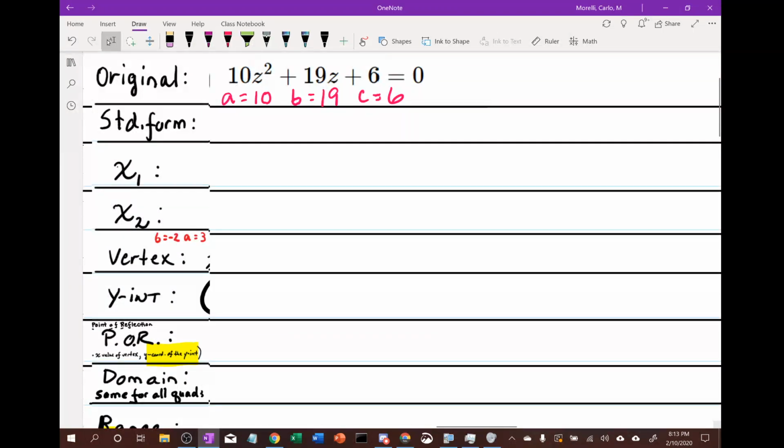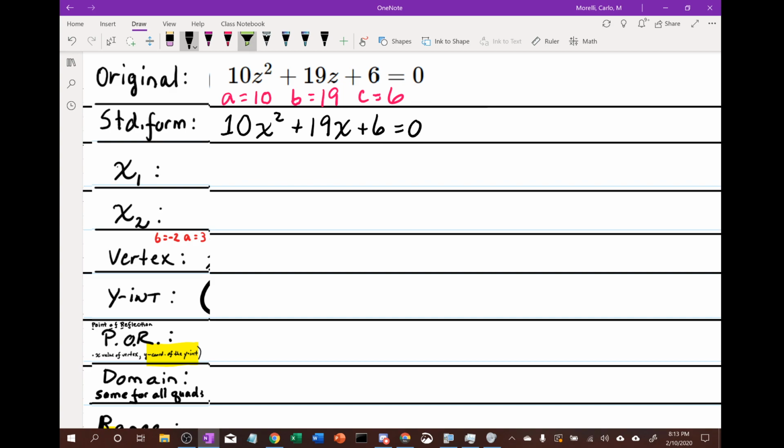Oh my god. Okay, so I'm just going to rewrite this, but I'm going to use x's for the z's since that's what we're going to stick in the calculator: 10x squared plus 19x plus 6 equals 0.